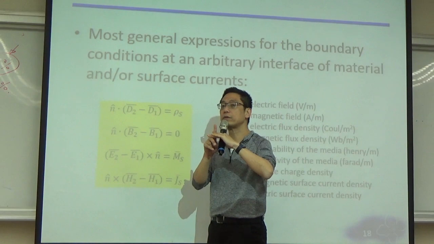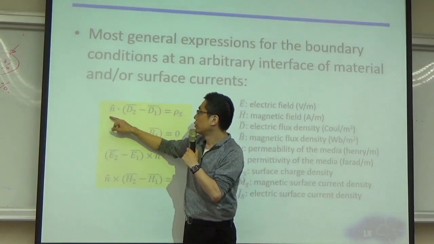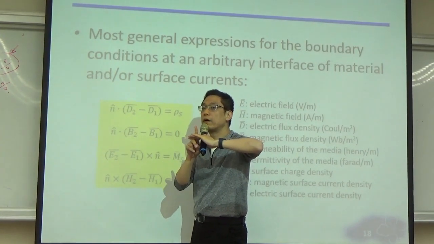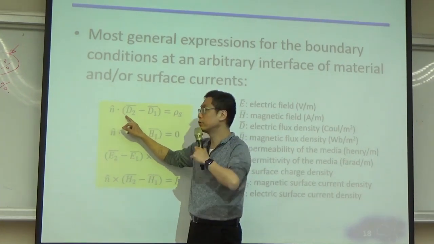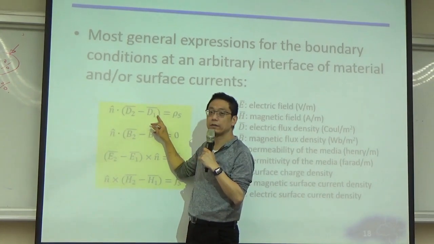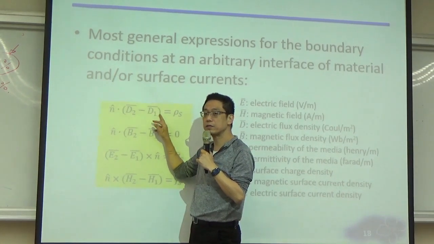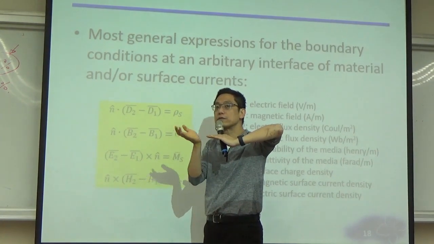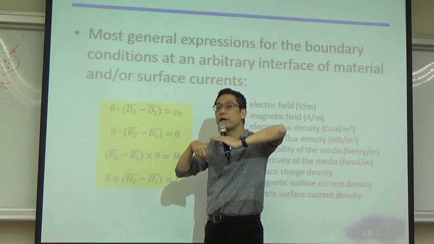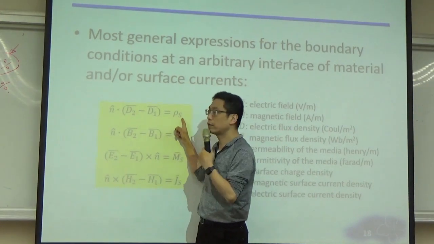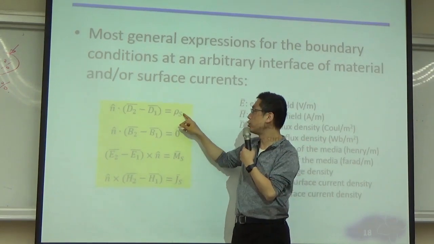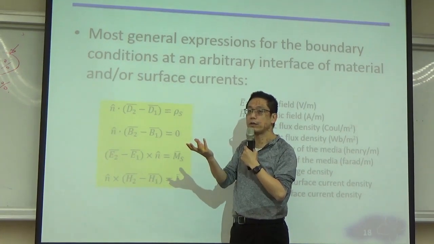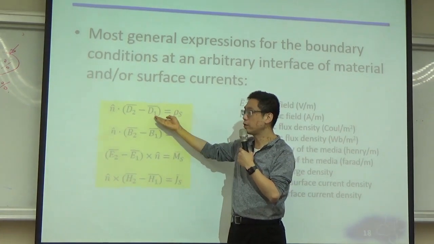Actually, it's the direction of your surface. You focus on only the direction of n. You dot n to D2 minus D1. We explain why D2 minus D1, because the direction of the closed surface at the top and at the bottom is different. It equals rho s, and we explain what rho s is. It is q over delta s. Delta s is the area we try to explain here.